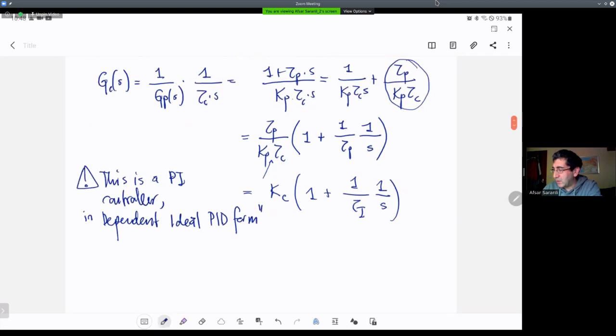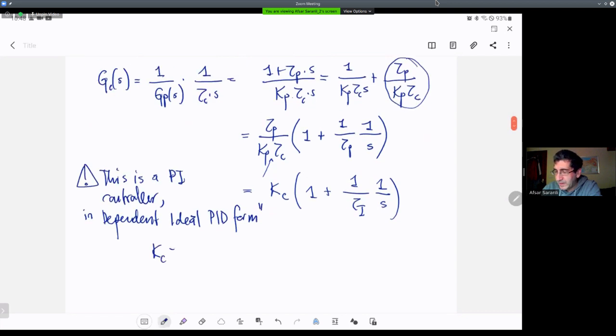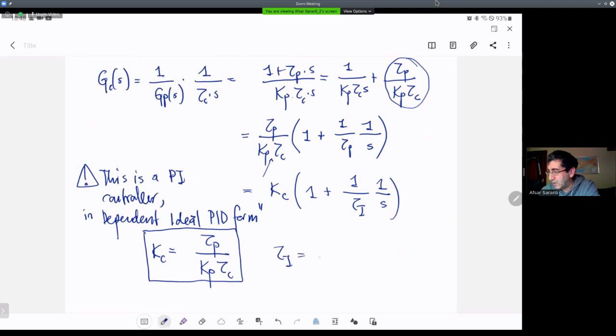Okay, so basically the controller parameters are Kc equal to tau p over Kp tau c, and also we have tau I, which is equal to tau p. Okay, so these have some semblance to the formulas that we have derived, but they are not exactly the same.